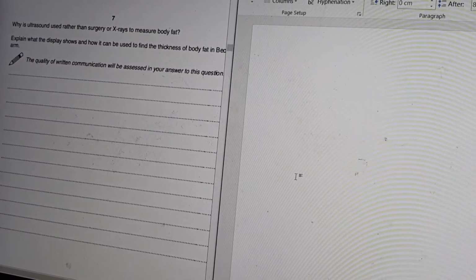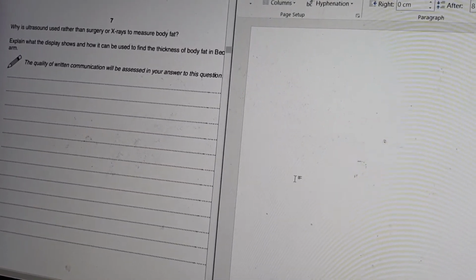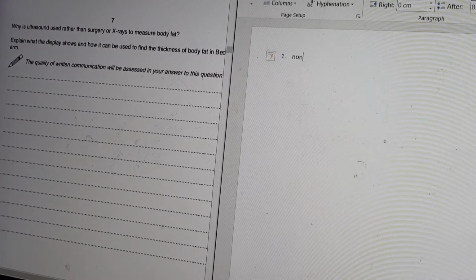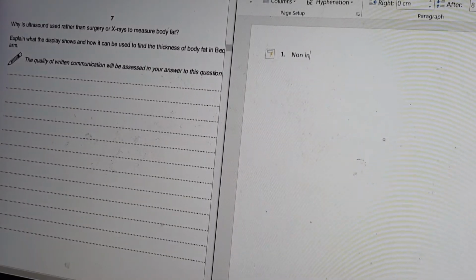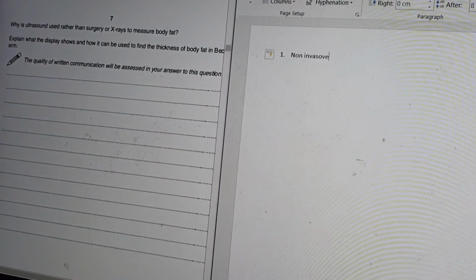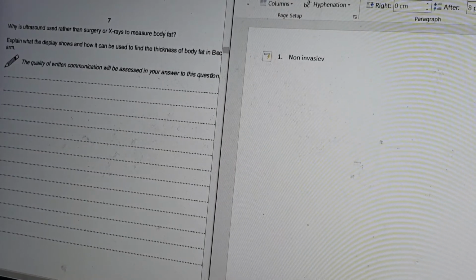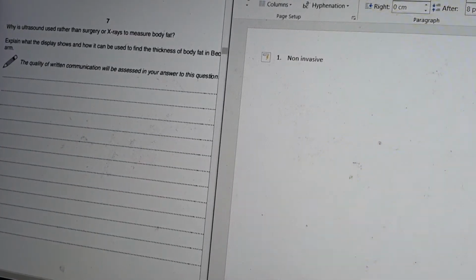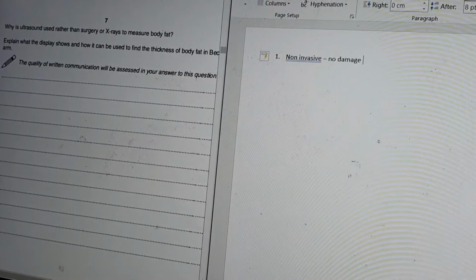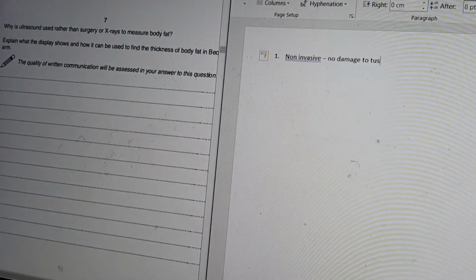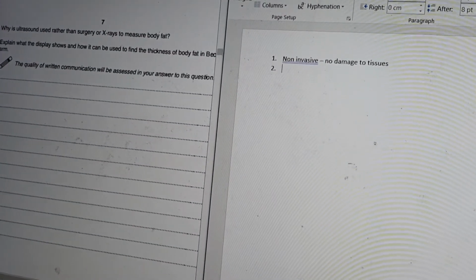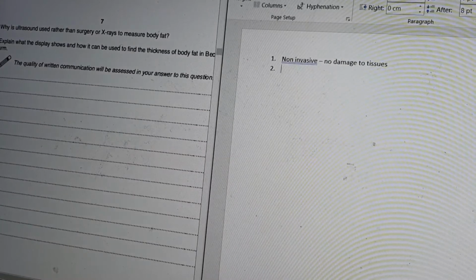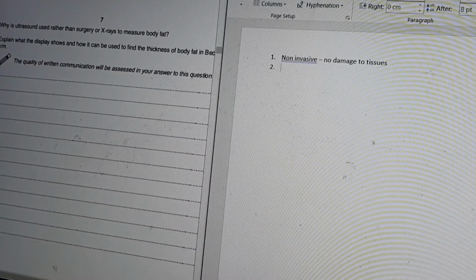Okay, so to answer this question, ultrasound is non-invasive. So the first point is that it is non-invasive, so there's no damage to tissues. And it can be used to produce images of soft tissue.